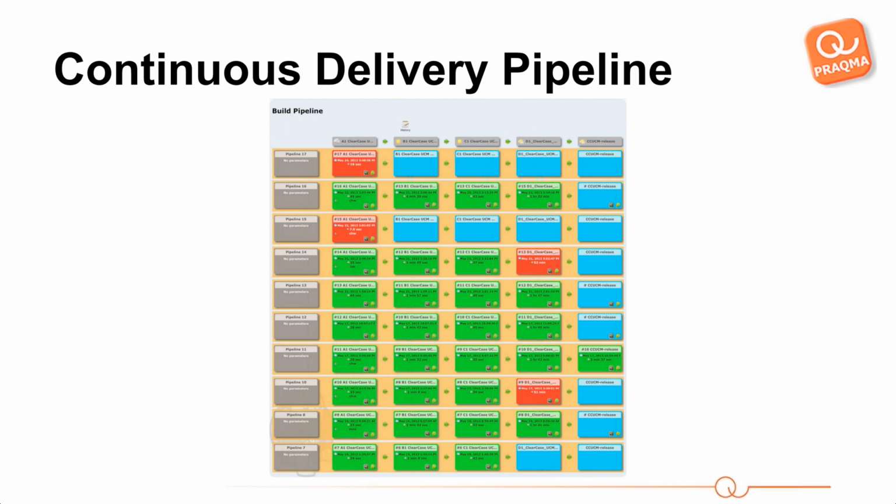Even though we could potentially release something every time we reach a green box in the fourth column, we're not necessarily doing that, because we might not want to release every day. Releasing is a political thing. So this is also an important point: continuous delivery has nothing to do with continuous release.